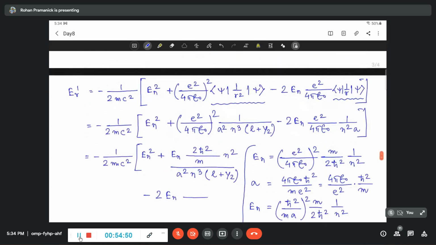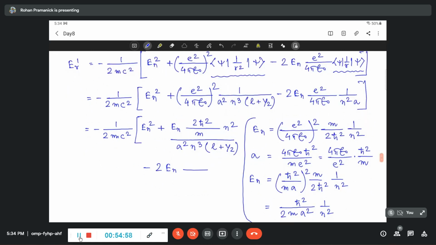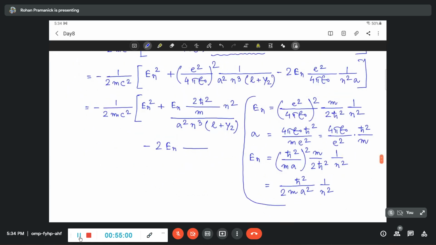If I miss something, it will not happen. But otherwise, n, and there is e squared by 4 pi epsilon 0. So e squared by 4 pi epsilon 0 is nothing but what? h cut squared by m a squared.